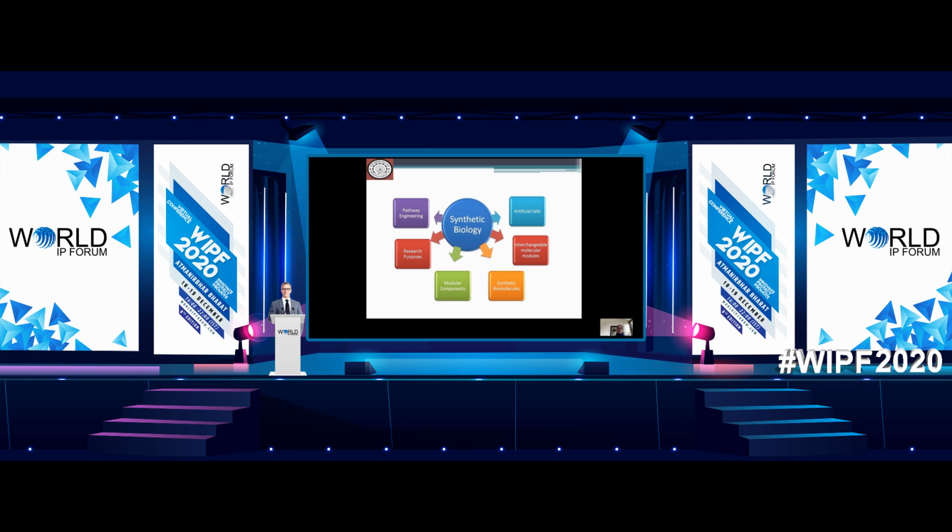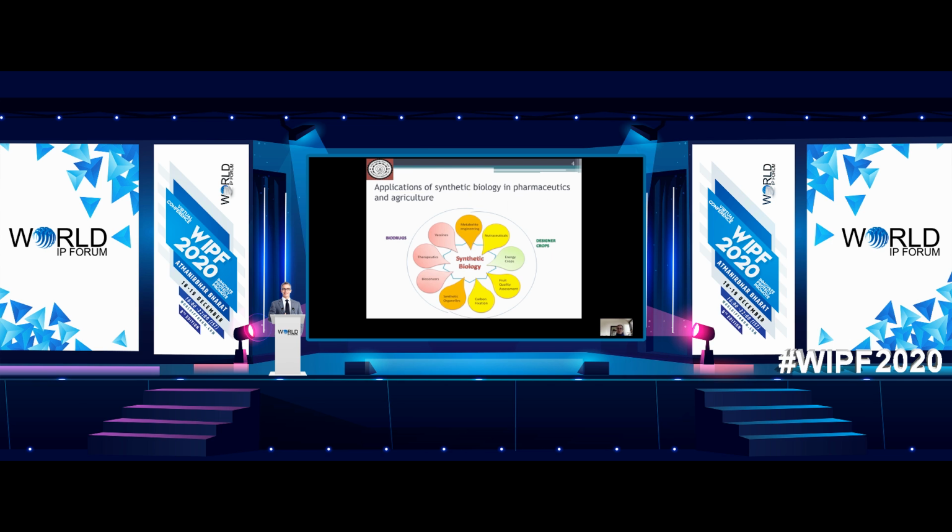There are various applications of synthetic biology in pharmaceutics as well as agriculture. In the case of biodrugs, we can use synthetic biology based strategies for vaccine development, which is very important in the current COVID times, and also for developing designer crops for better food production, food quality, as well as energy crops.